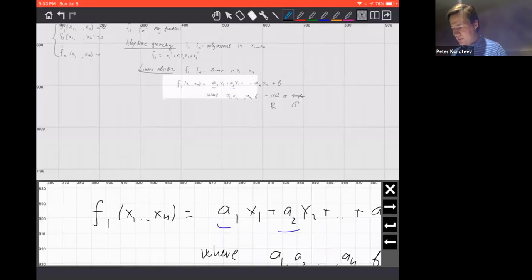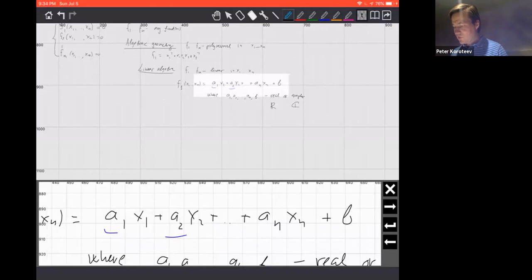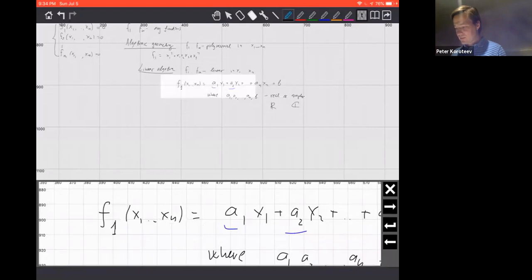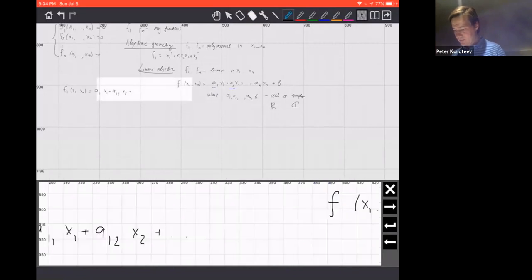And then the index here is f1. So in particular, they should have this set of numbers for every function, right? So that's f. And now if you have a system of equations like that, then you write something like f1 of x1 through xn is equal to a11 x1 plus a12 x2 plus etc. plus a1n xn plus b1, right?